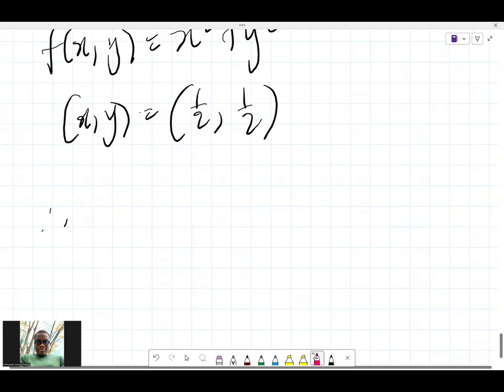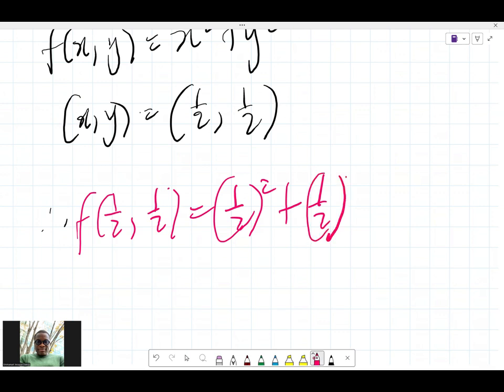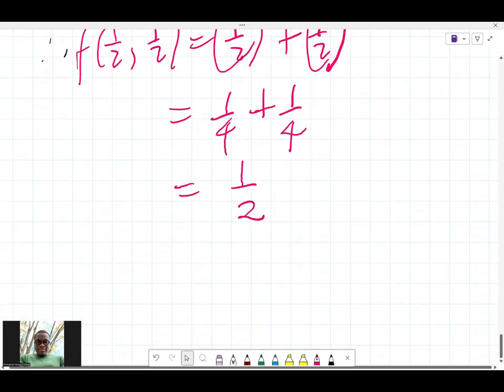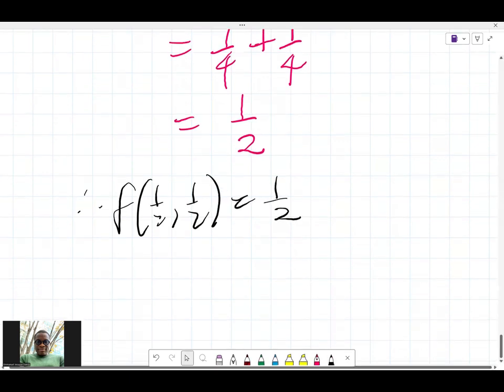Therefore, we can say that f of half comma half is equal to half squared plus half squared, and that is equal to 1 over 4 plus 1 over 4. So that is equal to half in short. So f of half comma half is also half.